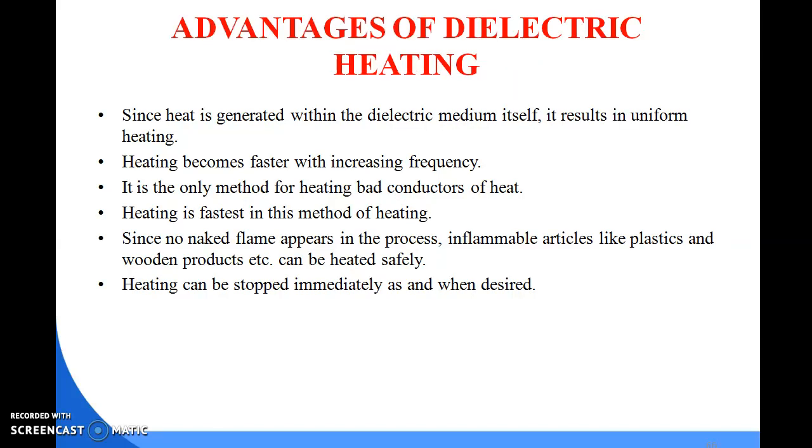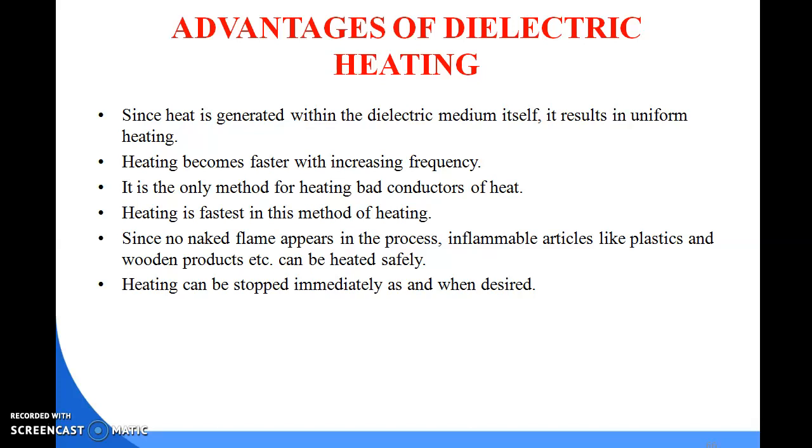So what are the advantages of dielectric heating? Since heat is generated within the dielectric medium itself, it results in uniform heating. Heating becomes faster with increasing frequency.